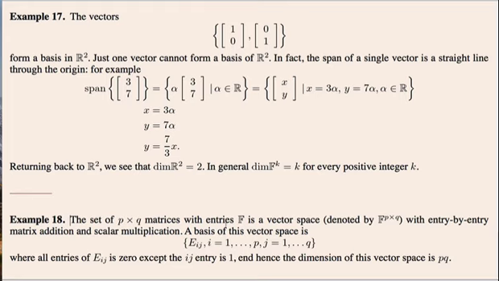Then a basis of this vector space is denoted by E sub ij, as i goes from 1 to p and j goes from 1 to q, where all the entries of E_ij are 0 except the ij entry, which is 1. And that means that the total number of basis vectors is p times q, so the dimension of this vector space is p times q.